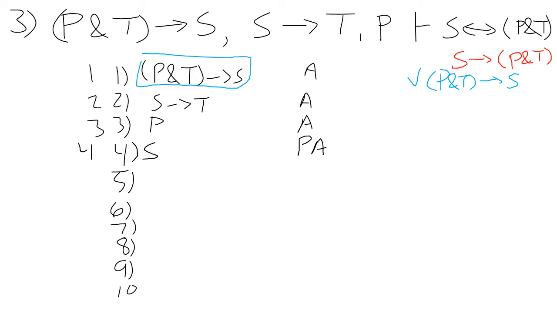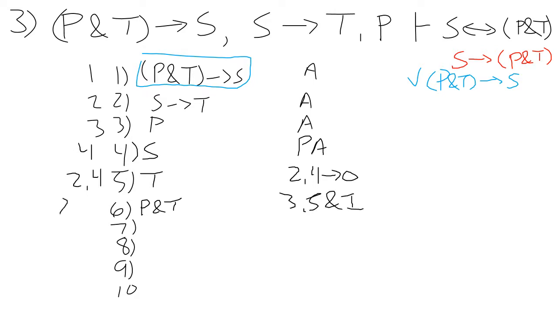So we assume S, toss it into 2, so that's from 2 and 4, arrow out. And now we're looking for P and T, so we can put P and T together from 3 and 5, ampersand in. 3 and 5s to 3 and 4.